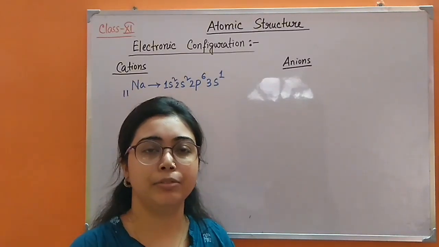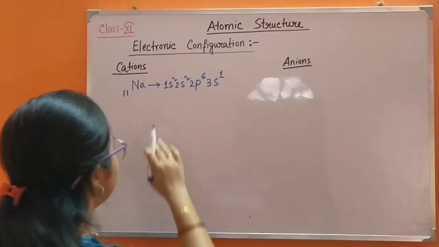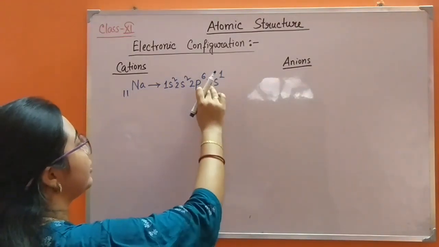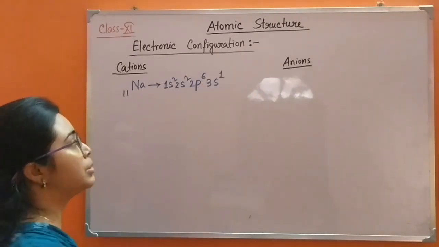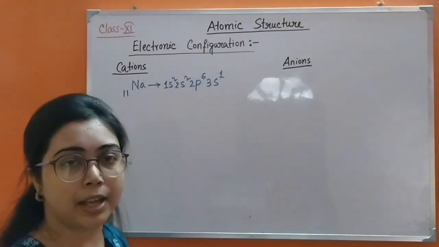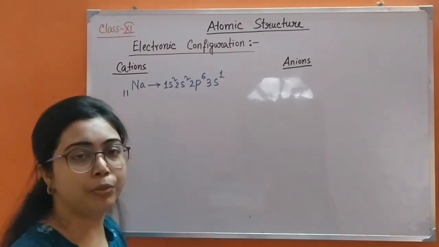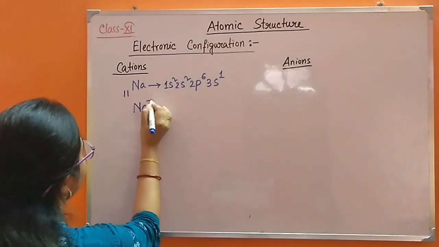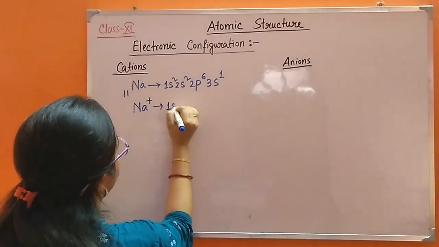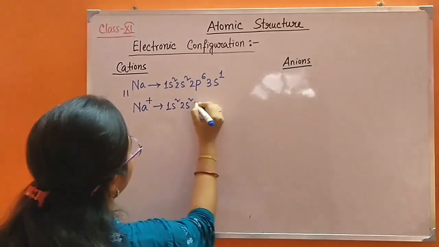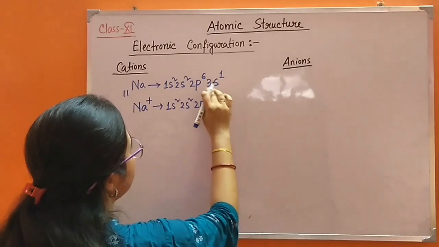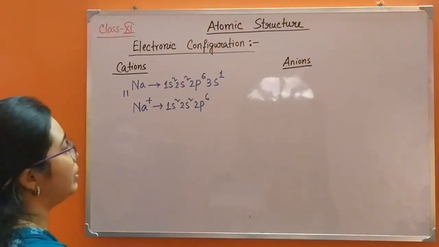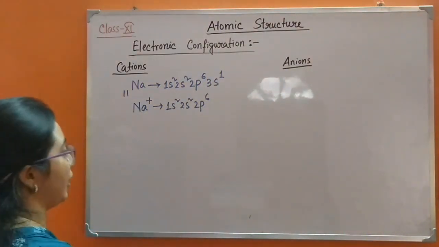So here in the outermost shell, the 3s orbital, 1 electron is present, and to form Na+ ion, this 1 electron will be removed. So the electronic configuration of Na+ will be 1s2, 2s2, 2p6. This outermost shell electron is removed to form Na+ ion.